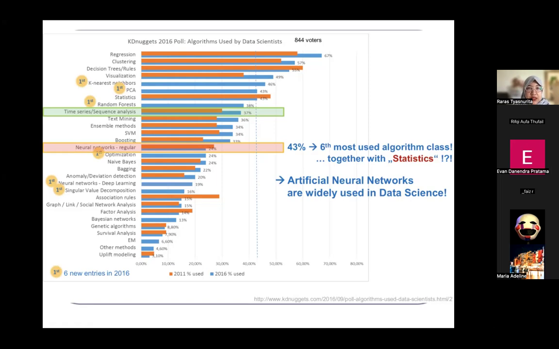If we see, number 1 here is regression. So you also learn about regression in the data analytics class. We have regression to find the relationship between variables in your data, and we can also use regression for prediction as well.